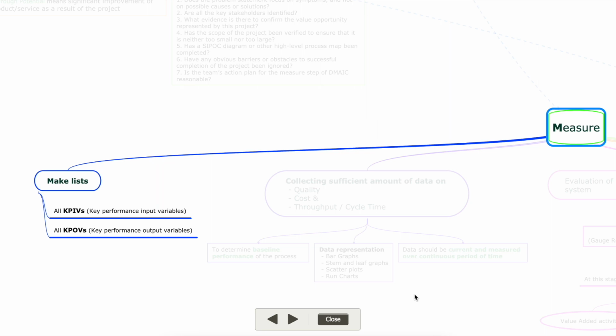KPIVs are the key performance input variables and KPOVs are the key performance output variables. We should not miss any of the key performance variables, whether input or output. We must include all of them in order to make our project successful. If we miss something, it may result in a flawed project, or it will not perform according to what we had expected earlier.